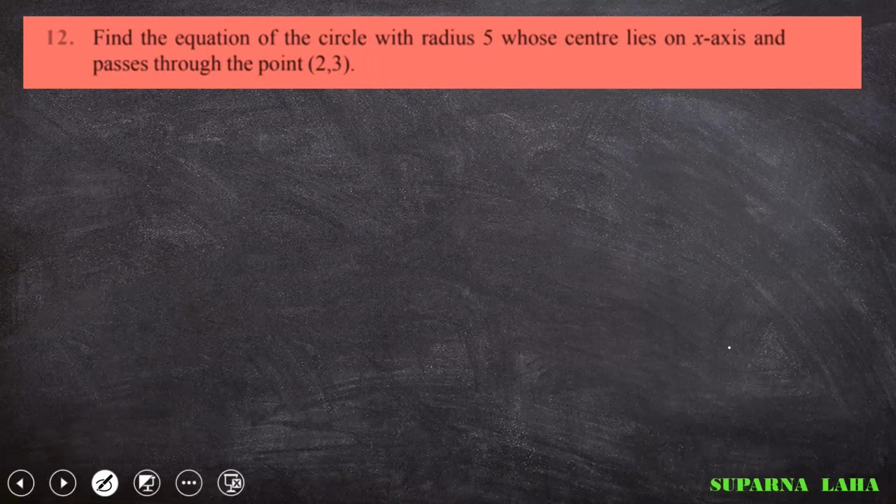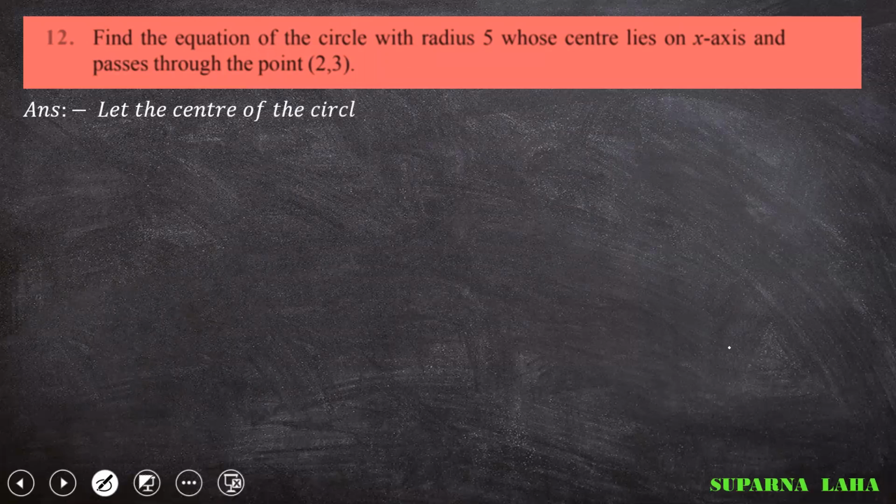Find the equation of the circle with radius 5 whose center lies on the x-axis and passes through the point (2, 3). So radius is given and another thing is given, that the center lies on the x-axis.